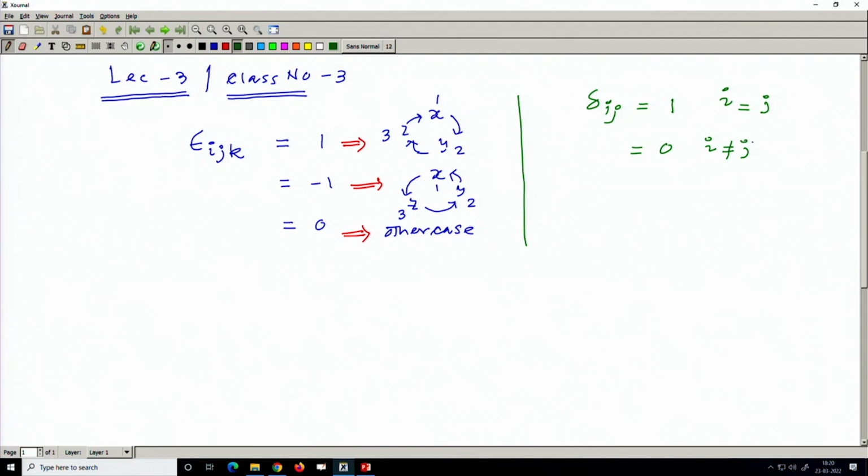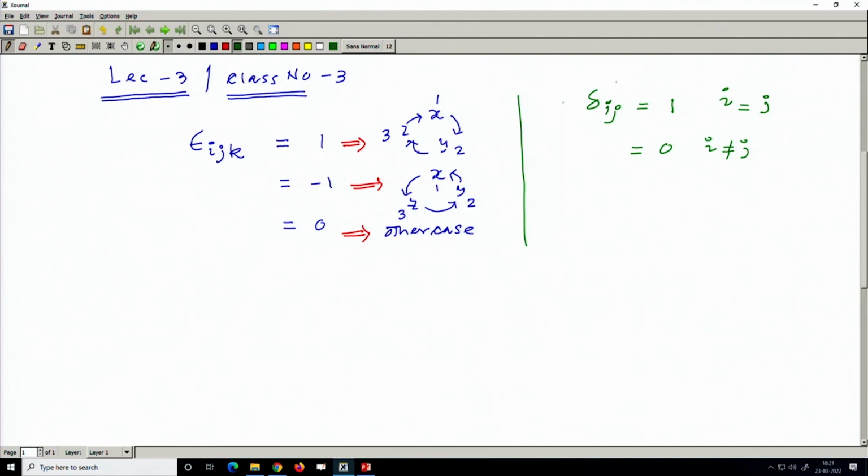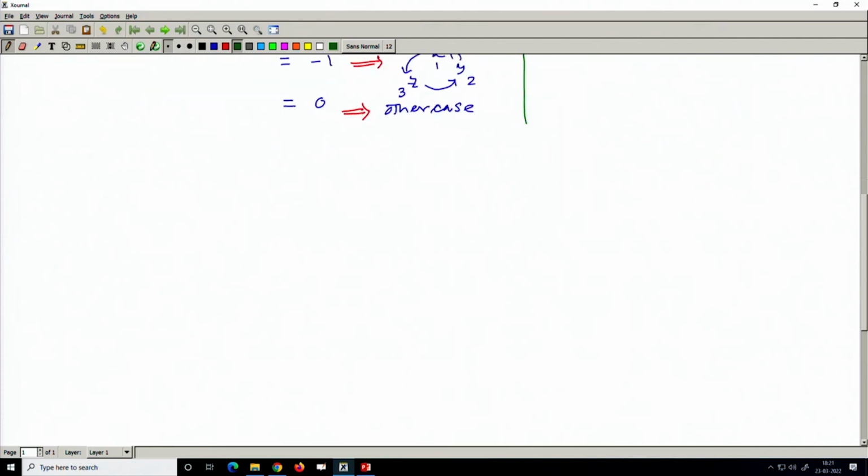So, these were the delta and the symbol that we defined in this way. Today we are going to use these symbols in order to understand a few vector properties.